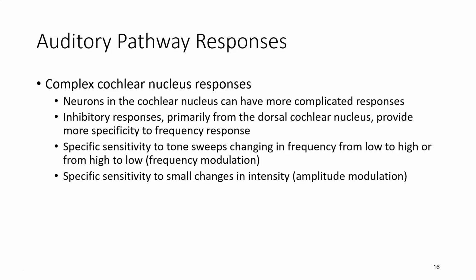There are neurons that are sensitive to changes in frequency, either from low to high or high to low, so they can detect what's called frequency modulation in the sound. There are also neurons that are sensitive to changes in intensity, things getting louder or things getting quieter, which is known as the amplitude modulation of the sound.